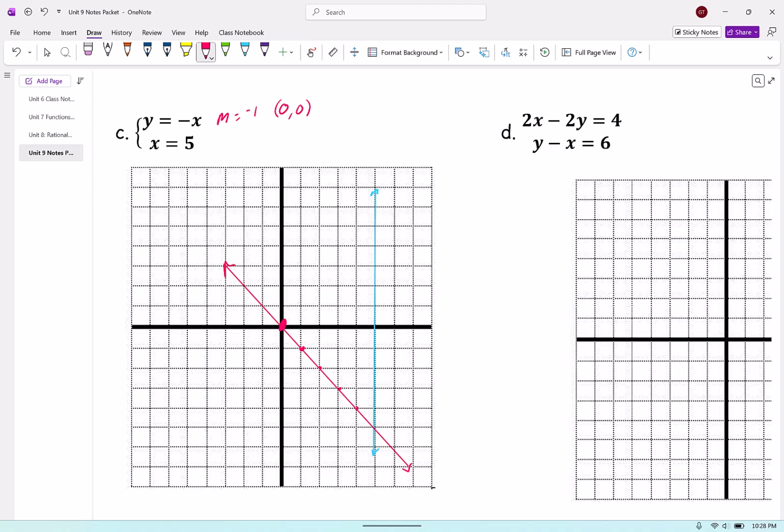All right, point of intersection right there. So I got 5, 1, 2, 3, 4, 5. Yep. So +5, -5.